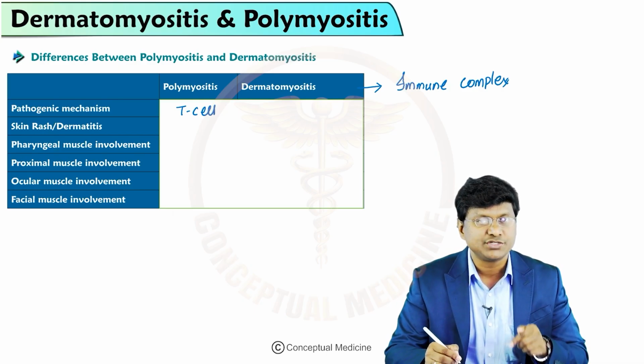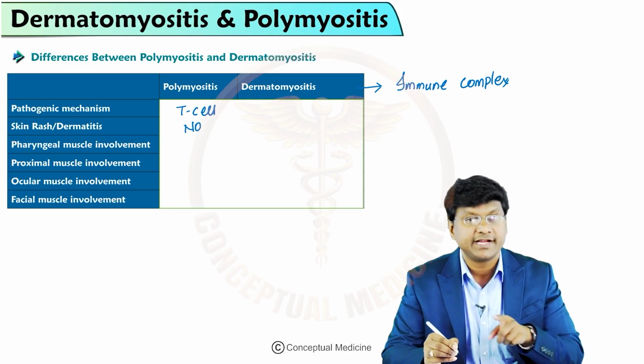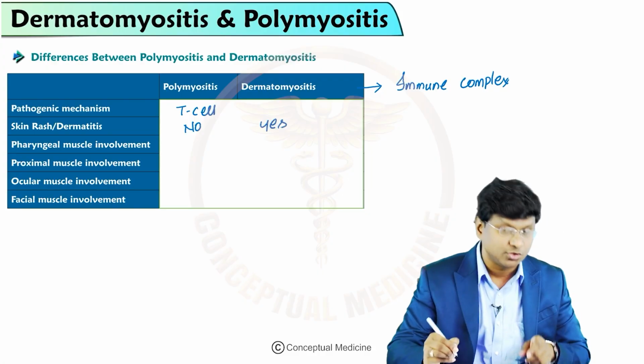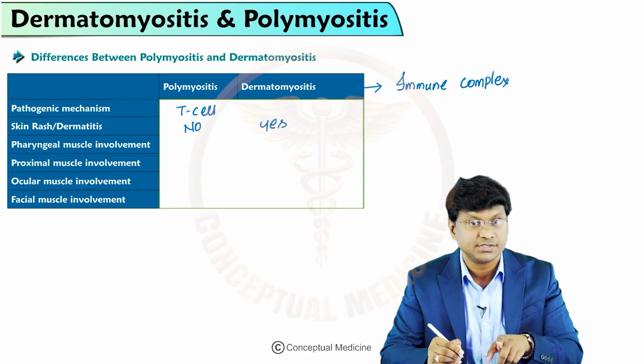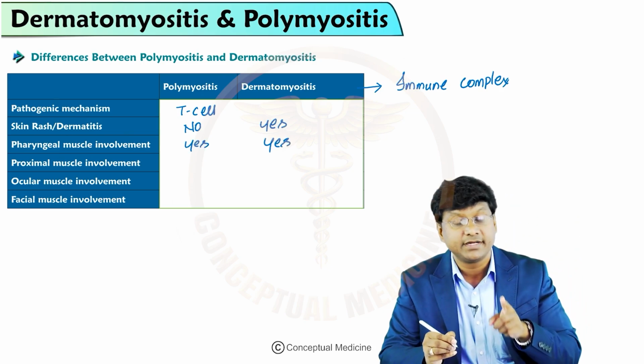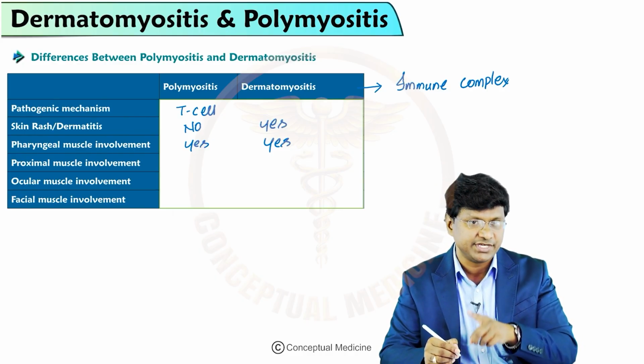And what about skin rash or dermatitis? In case of polymyositis, there is no skin rash or dermatitis, but in dermatomyositis, you have the presence of skin rash or dermatitis. And what about pharyngeal involvement? Pharyngeal involvement is present in both, and because of the pharyngeal involvement, these individuals will have difficulty in swallowing, and that we call dysphagia.